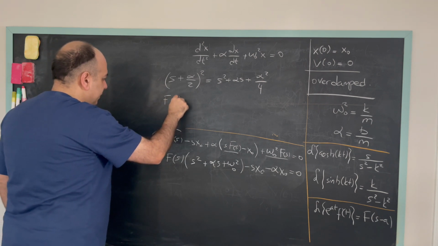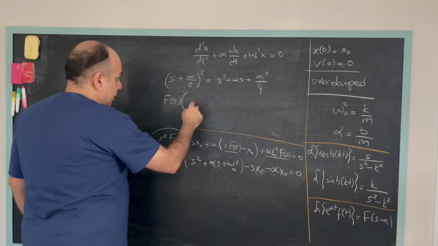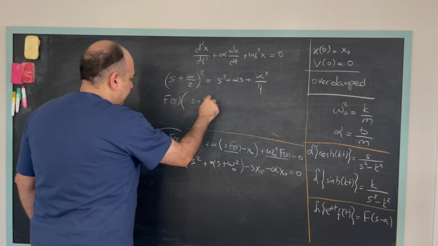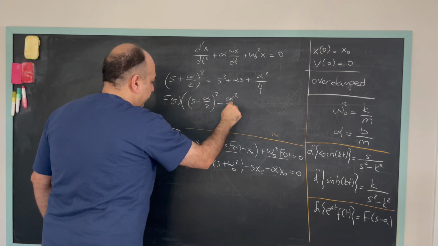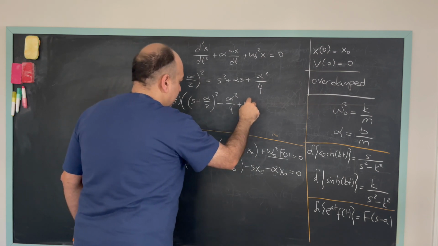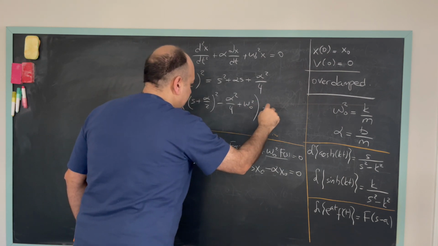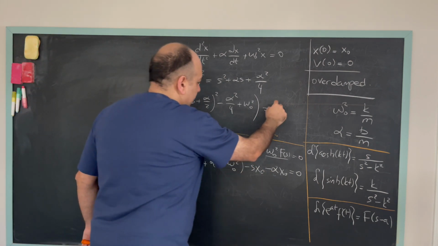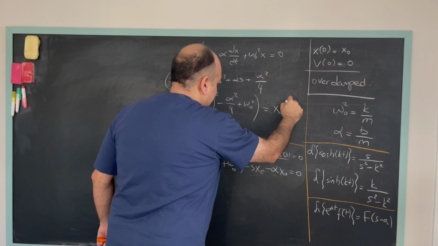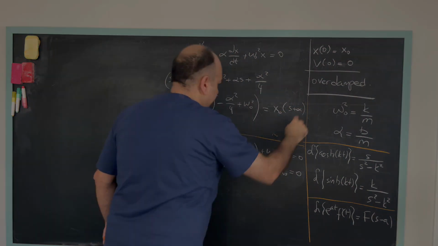So F of s, in parentheses, we have s plus alpha over 2 squared minus alpha squared over 4 plus omega naught squared. So this whole thing must be equal to x naught times s plus alpha.